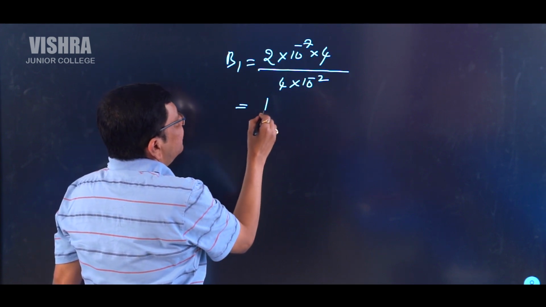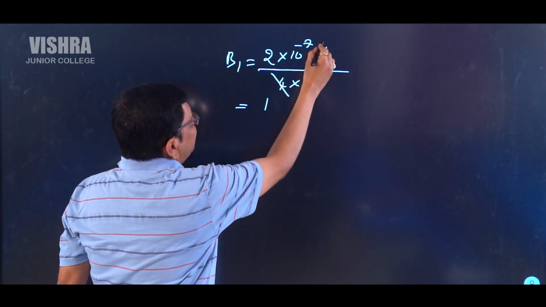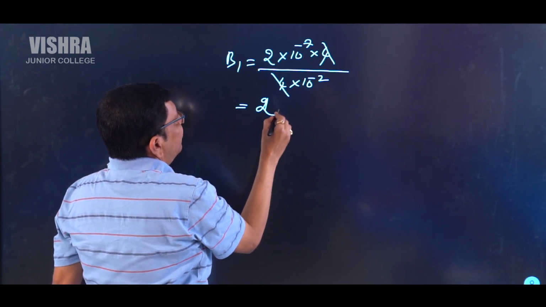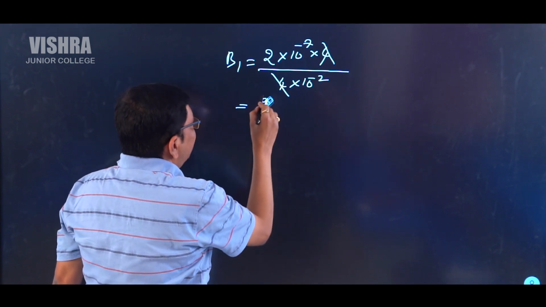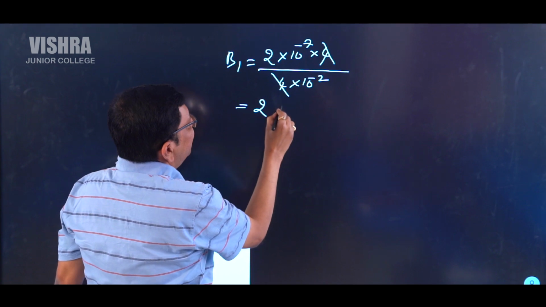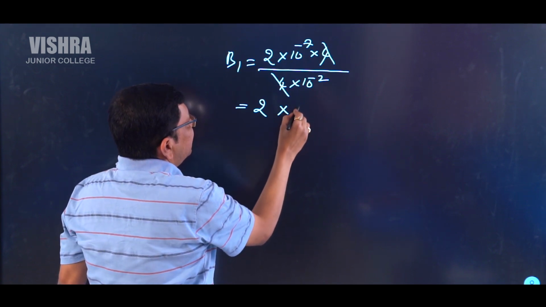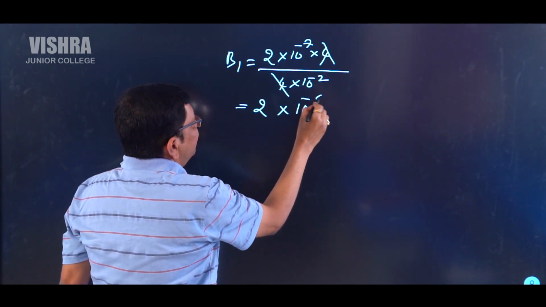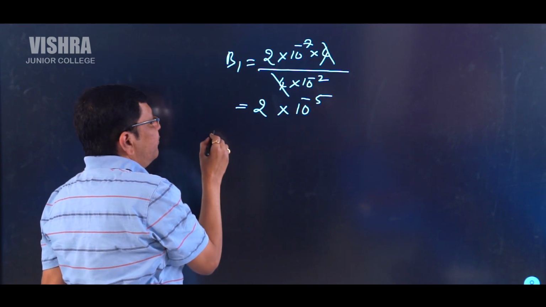Here the 4 we can balance, and this is 2 multiplied by 10 power minus 7 minus 2. So 10 power minus 5 due to the first one.